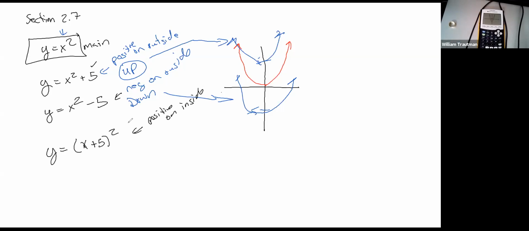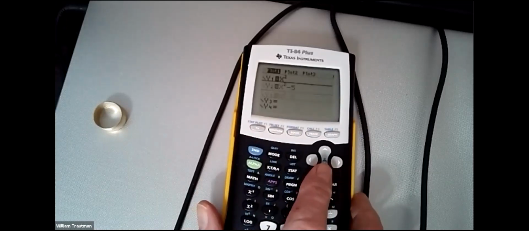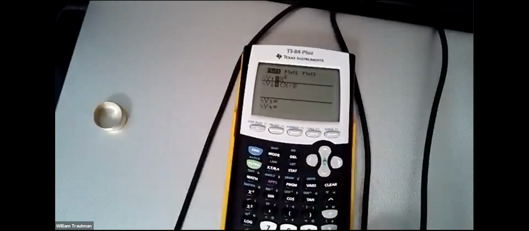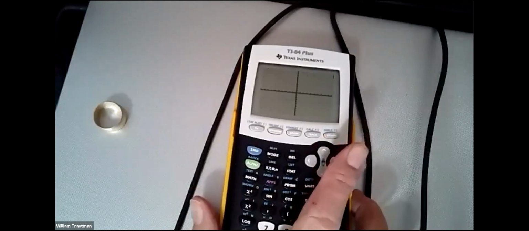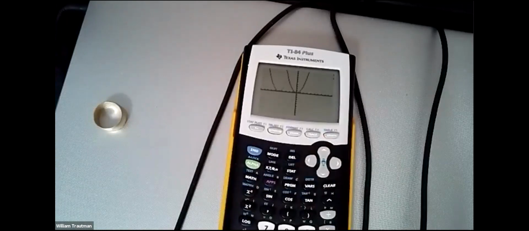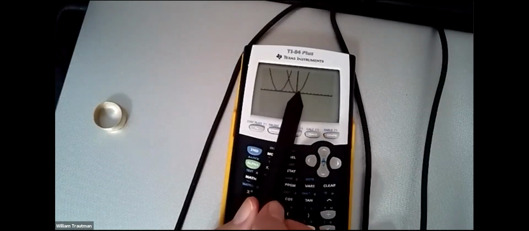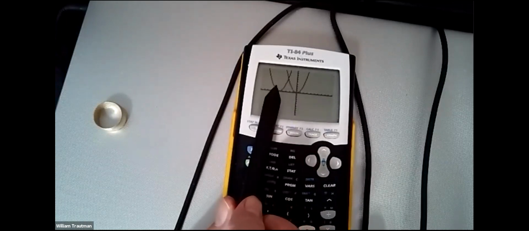So let's take a look at that. We're going to do parentheses, x plus 5 on the inside, and then square it. There's the original. A plus 5 moves the graph to the left. It's opposite of what you would think. You'd think it'd move it over to the positive side, but a plus 5 moves the graph to the left.